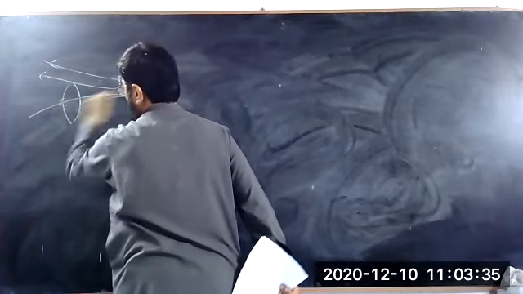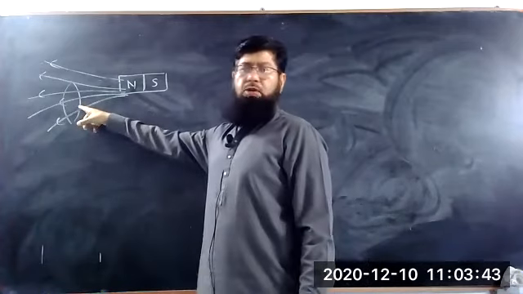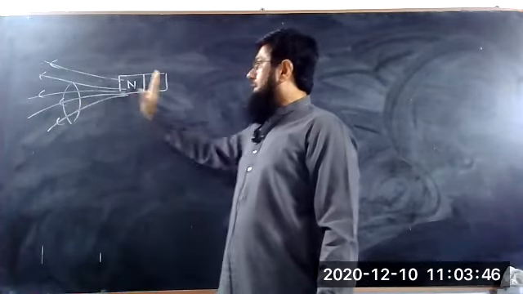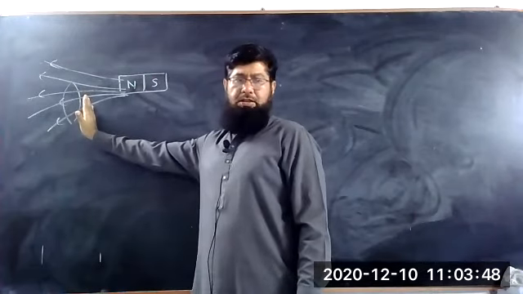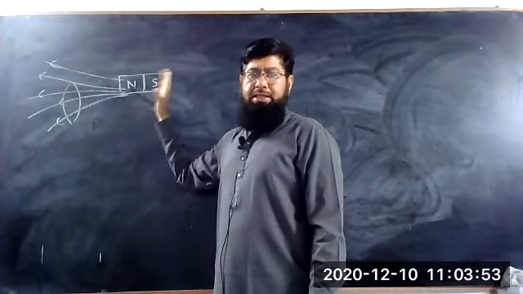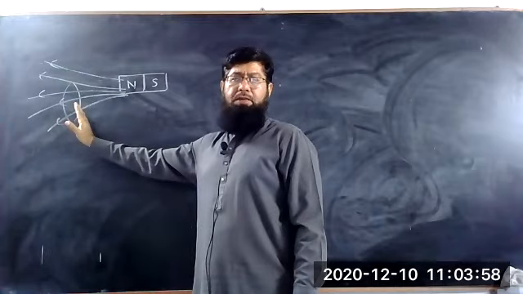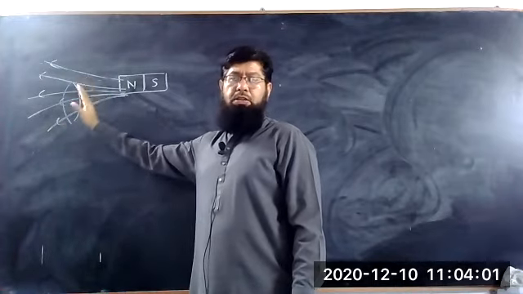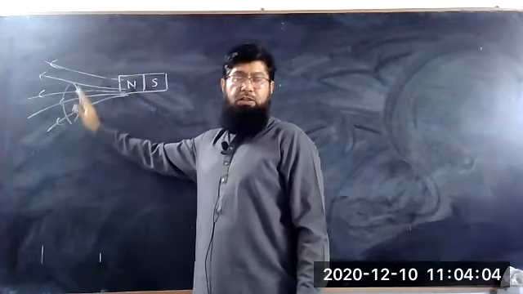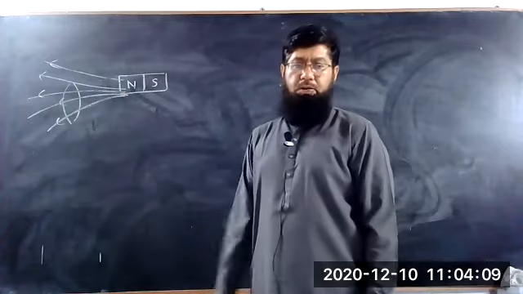These are the magnetic lines of force passing through the coil. Now the current through the coil is zero when the magnet and the coil are both at rest. In this case, the flux passing through the coil is a uniform magnetic flux, so the induced EMF is zero.